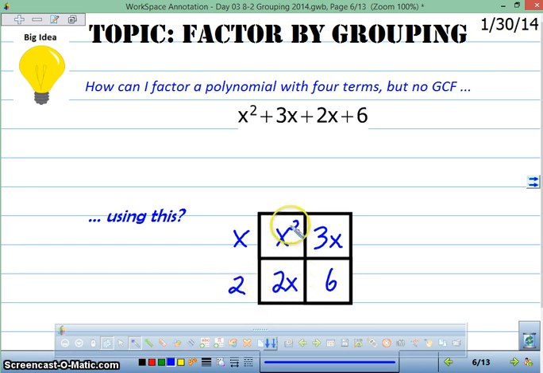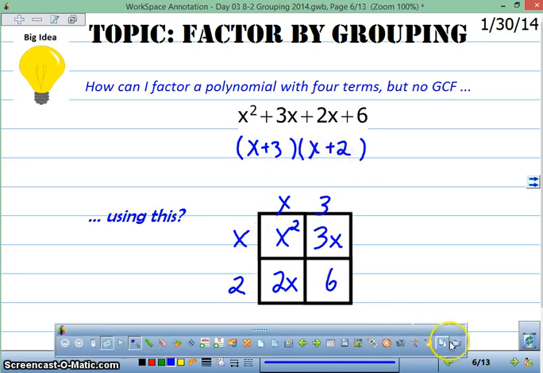The greatest common factor of x squared and 2x is x. The greatest common factor of 3x and 6 is 3. We've just factored this polynomial into 2 binomials, which are x plus 3 and x plus 2. A lot easier than it looks.